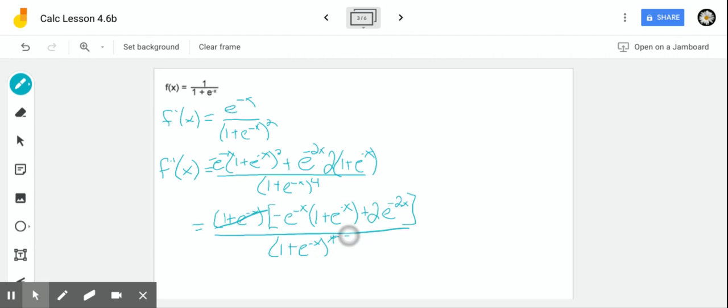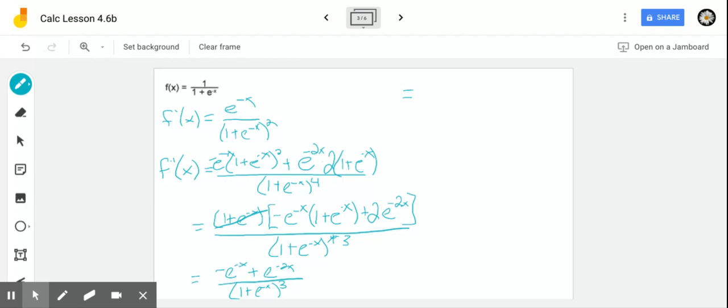One of those will cancel. Okay, we're going to distribute and combine our like terms. So we get negative e to the negative x, and then I have negative e to the negative 2x, and that has a like term, so plus e to the negative 2x over that same denominator.